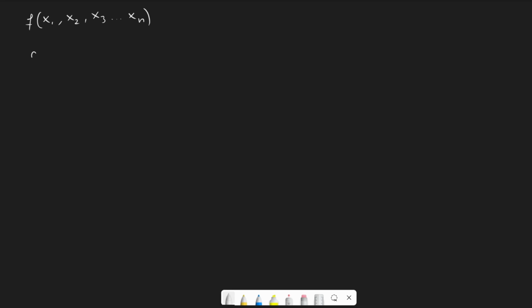So we will have the first derivative, df over dx1. We can denote it with f subscript x1, and also there is this curly symbol for partial derivatives.